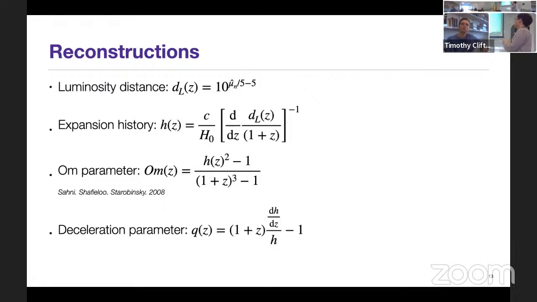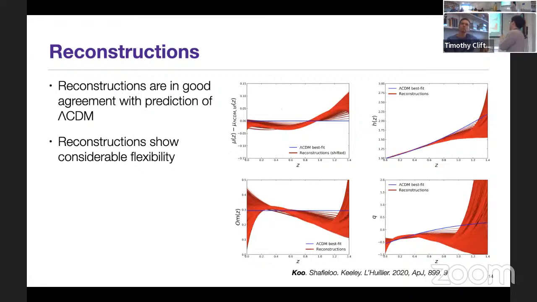But here I'm going to show how the reconstruction shows up around the lambda CDM prediction. The lambda CDM prediction should be just a simple uniform line with the value of the matter density at present time, but I'll show you the reconstruction around it. I'm going to show reconstruction around these three: expansion history, Om parameter, and deceleration parameter. And this is how they look.